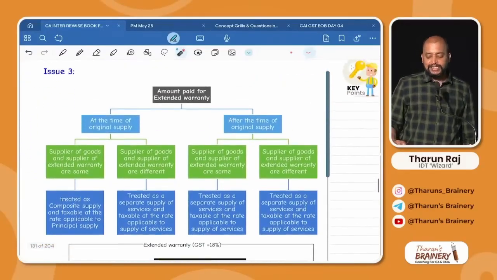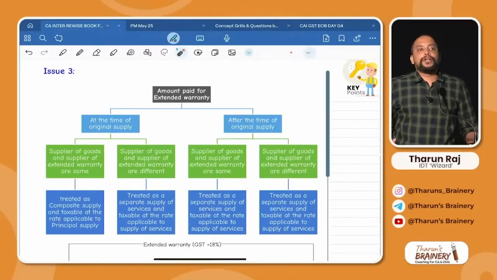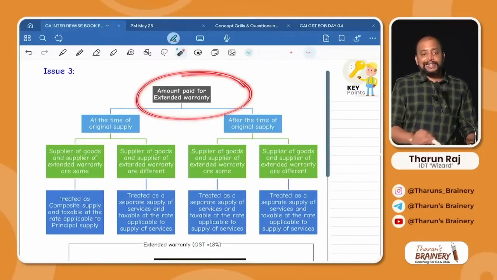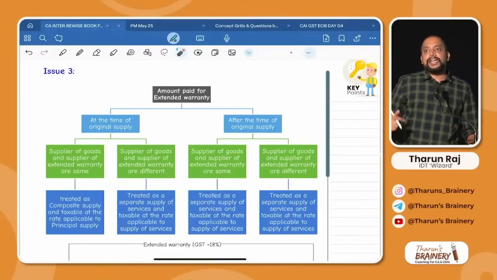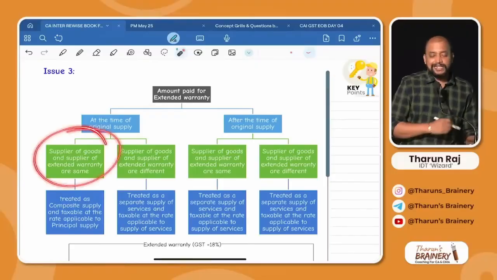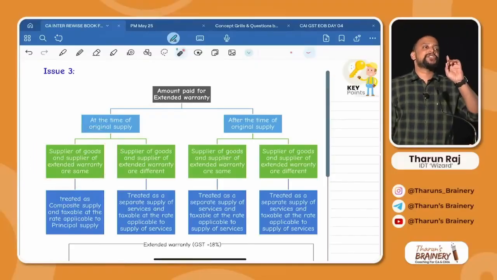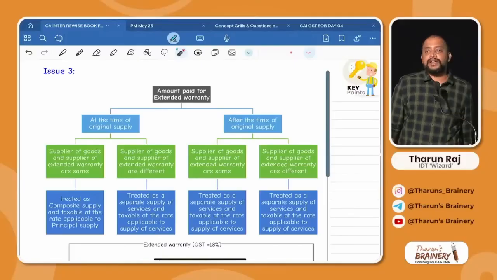Then look into the next page, issue 3. This I already told you: whenever some extra money is collected for extended warranty, what is the treatment of that extra money? If the extra money is collected at the time of original supply from the same supplier, that is, you are buying additional warranty at the same time from the same dealer, what is the treatment?